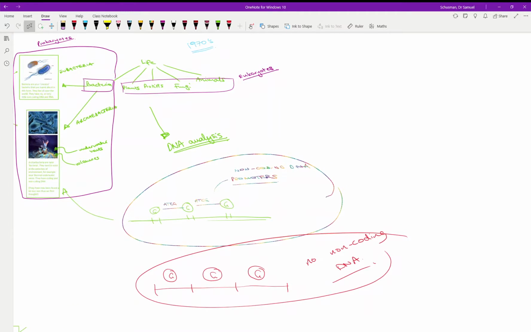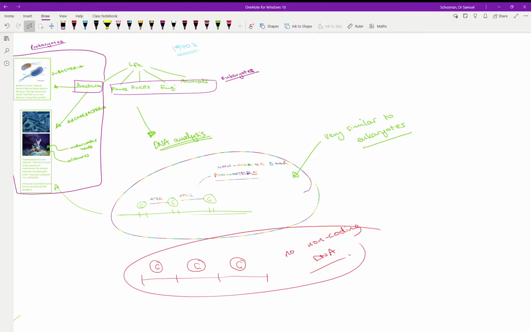And even more interestingly, the archaebacteria up here are very similar to the eukaryotes. So eukaryotes, all the plant, fungi, animal, protists, have DNA like this, whereas bacteria, our eubacteria, were on their own.